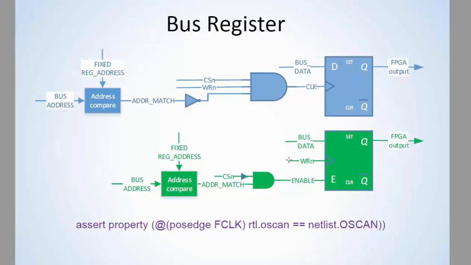And if the address matches, we go ahead and invert it so it's active low. We AND that active low address match with the active low write strobe and the active low chip select. And that generates the clock to the flop, at which point it clocks in the bus data. This was the original netlist implementation.